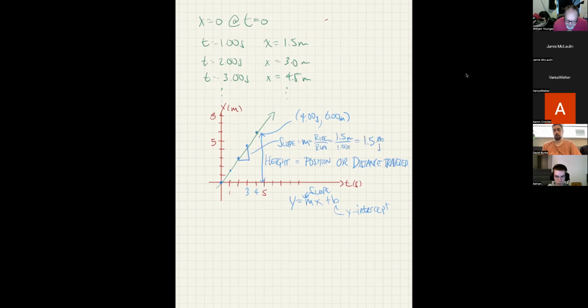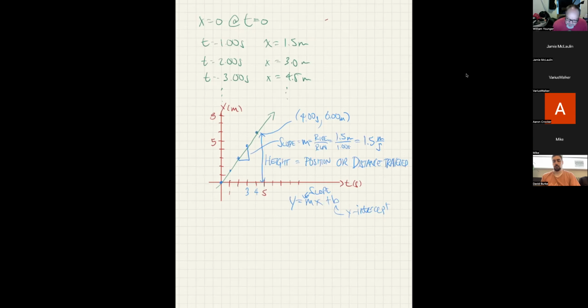Does anybody have any idea, based on the unit that I just said, what the slope means? It's your acceleration. Close. It's your actual velocity in this case.